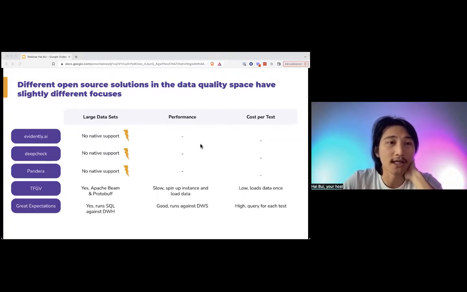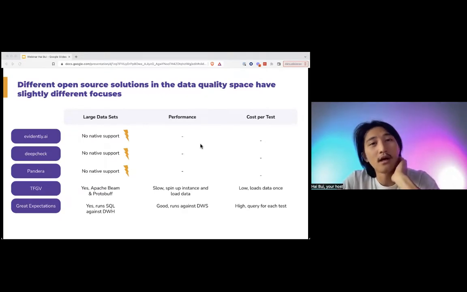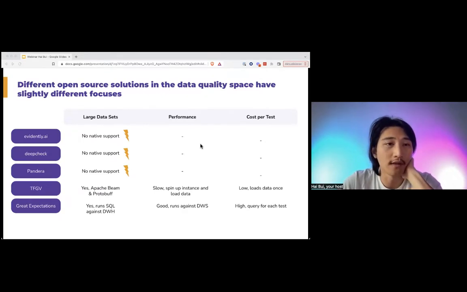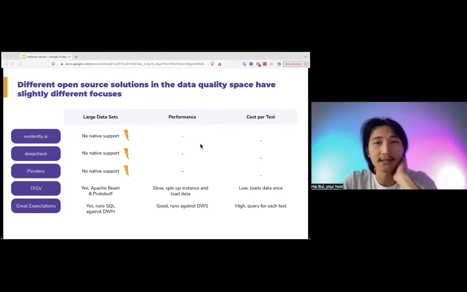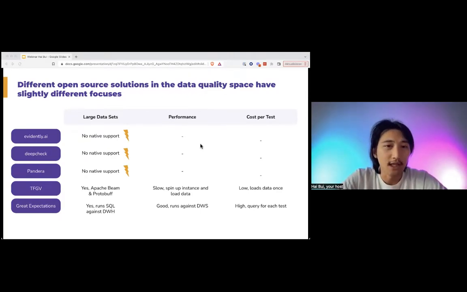And Great Expectations just runs a SQL query against the data warehouse, like BigQuery, so it's rather fast. So that was good. The issue with Great Expectations is that it has high costs per test.